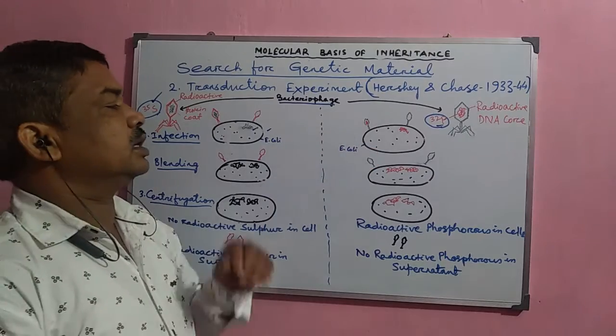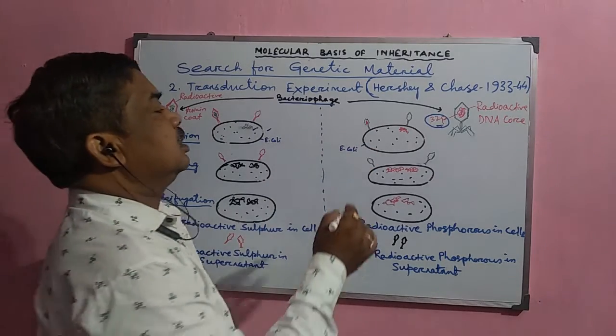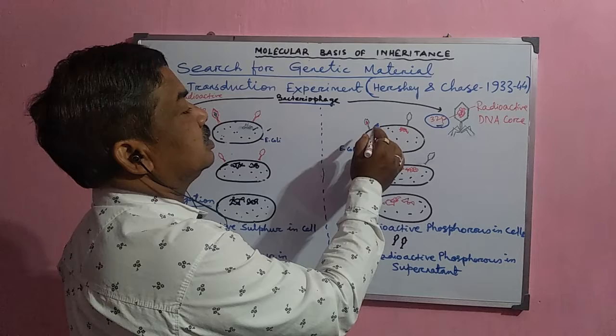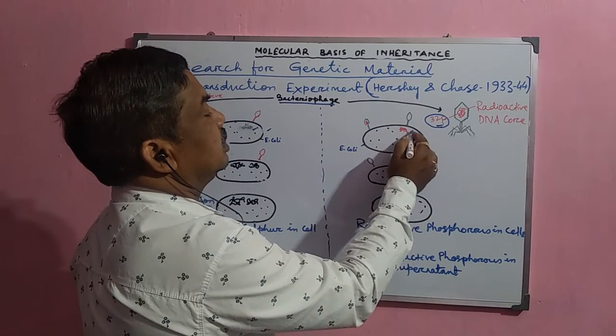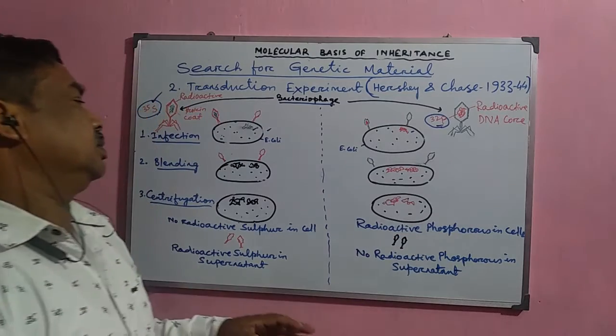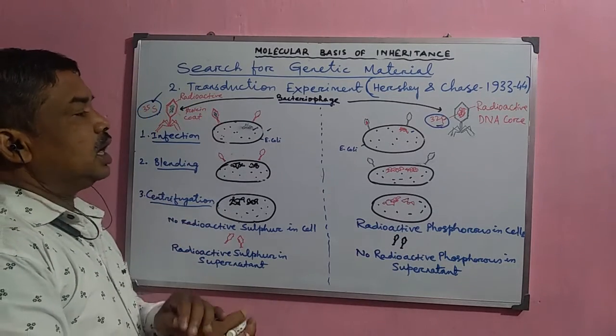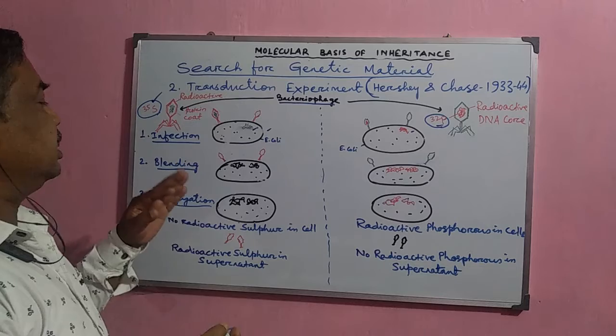Now, in the second culture medium, the DNA molecule, which is radioactive with P32, enters into the cell.